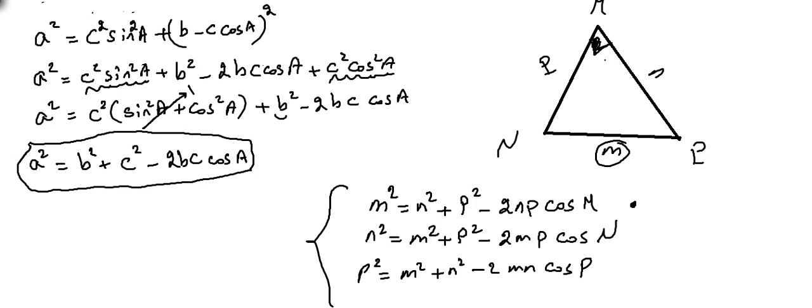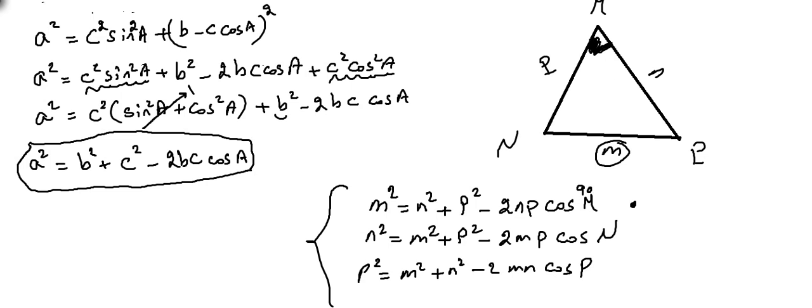Somebody will say, if it is 90, I would use only M squared equal P squared plus N squared, because M will be the hypotenuse, and the hypotenuse squared equals the sum of the squares of the other two sides. And he's right 100%. But if we put this formula, what is the angle M? It's 90.